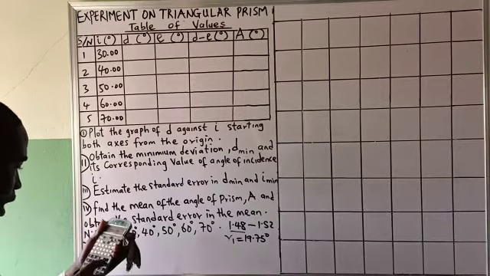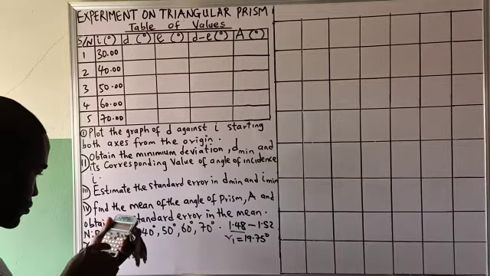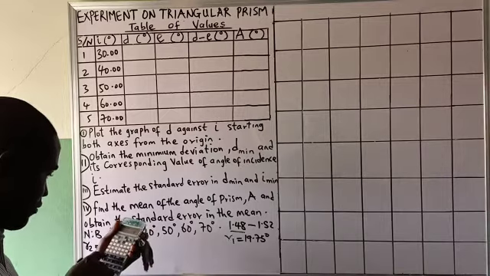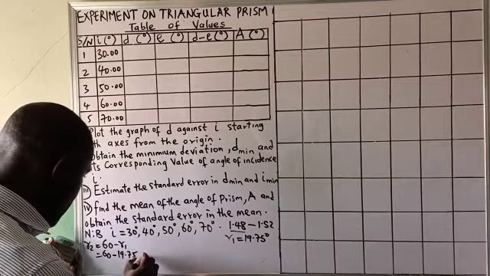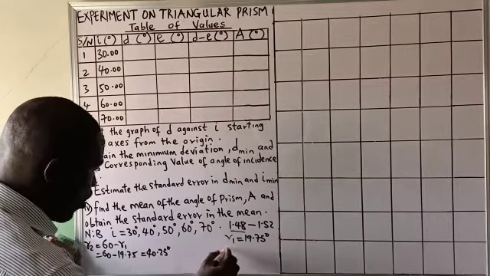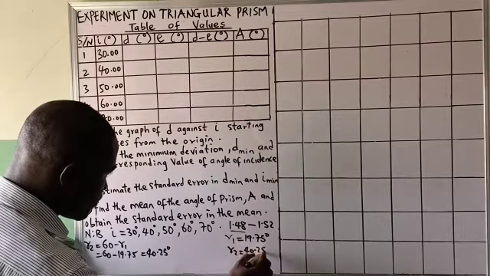So the answer will now be 60 minus 19.75. That will be giving you 40.25 degrees. I'll have my R2 to be equal to 40.25 degrees.